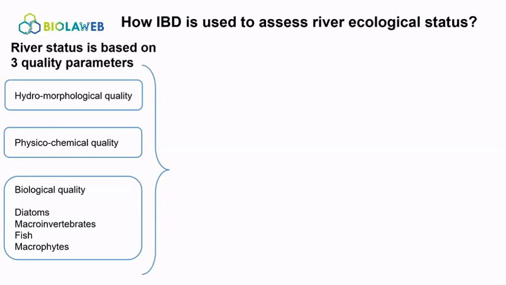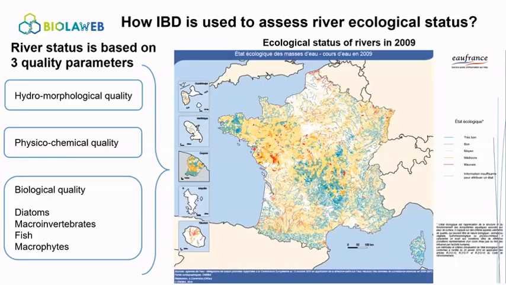There are rules to organize all these 3 parameters to give a quotation that you can see here. I won't enter into the detail here because it's not the topic, but just for you to know that there are these 3 kinds of parameters and there are some rules to say, okay, if we have this quality for this ecology element, so we have this quality in the river, but it's not the topic.